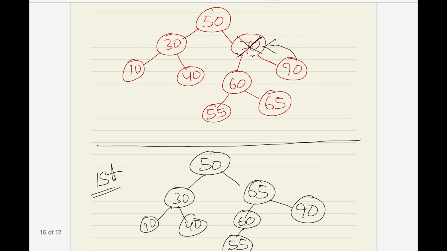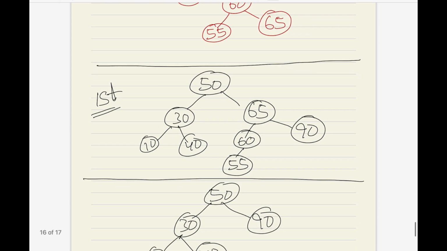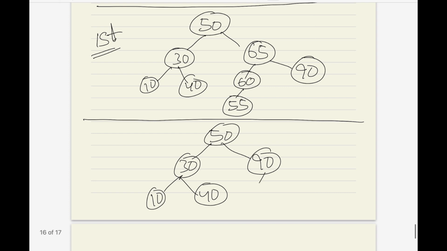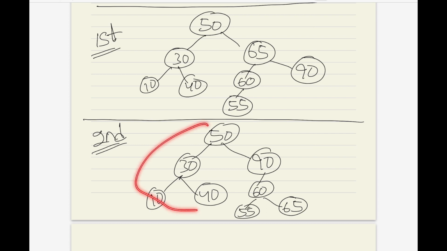Then for 90, the left children are 60, 55, 65, so it is 60, then 55, then 65, like this. So this will be the new binary search tree after deleting 70 if we follow the second approach.